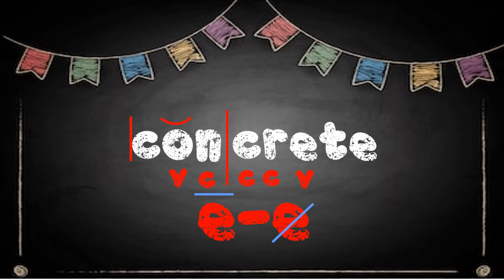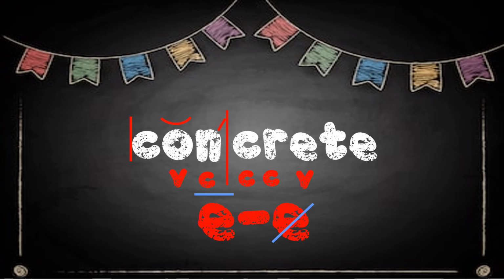So this vowel is going to make a short sound. So I'm going to code it with a breve to remind myself that it's going to say ah. And then because I have 2 syllables in this word, I'm going to put an accent at the end of the first syllable.